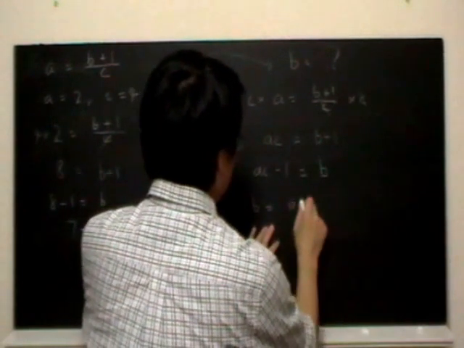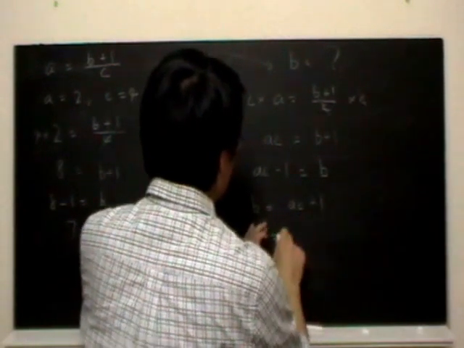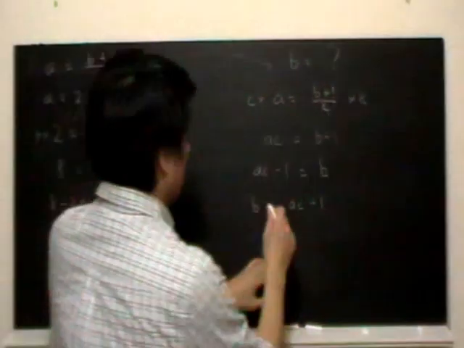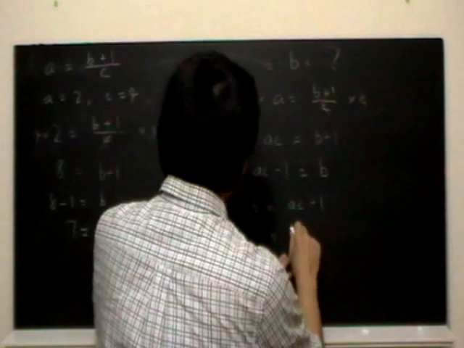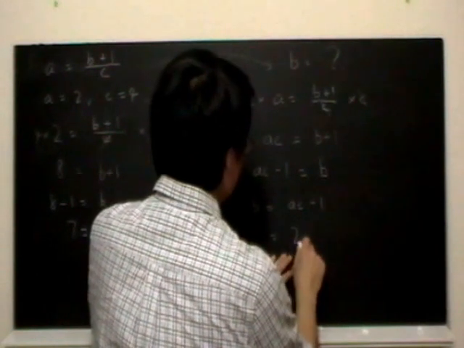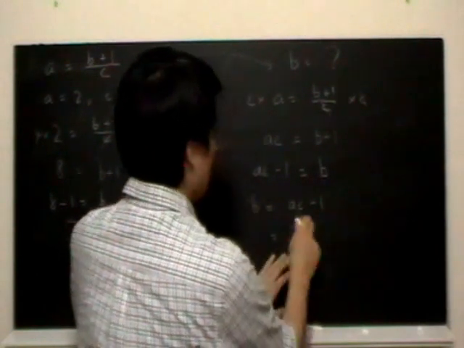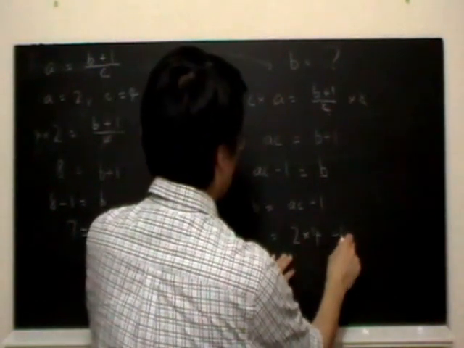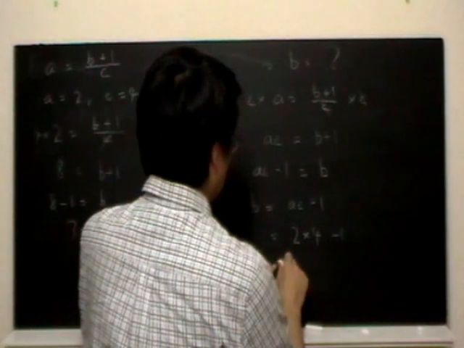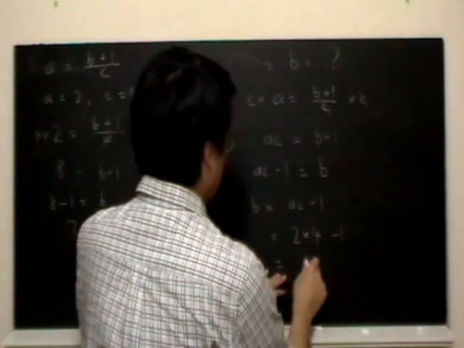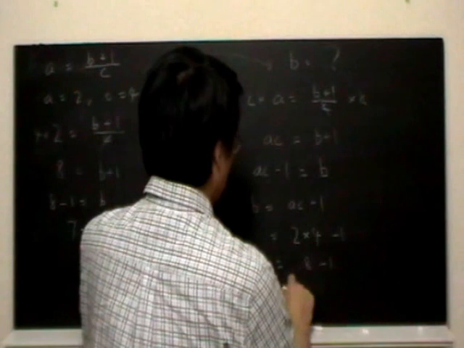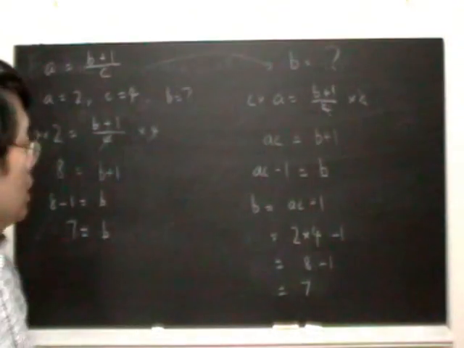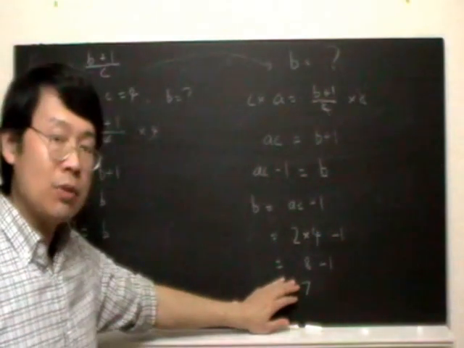So b is equal to ac minus 1, and a is 2, c is 4. Let's put these in. ac means a times c, so it becomes 2 times 4 minus 1. Alright, 2 times 4 is 8, minus 1, 8 minus 1 is 7. You get 7 here.